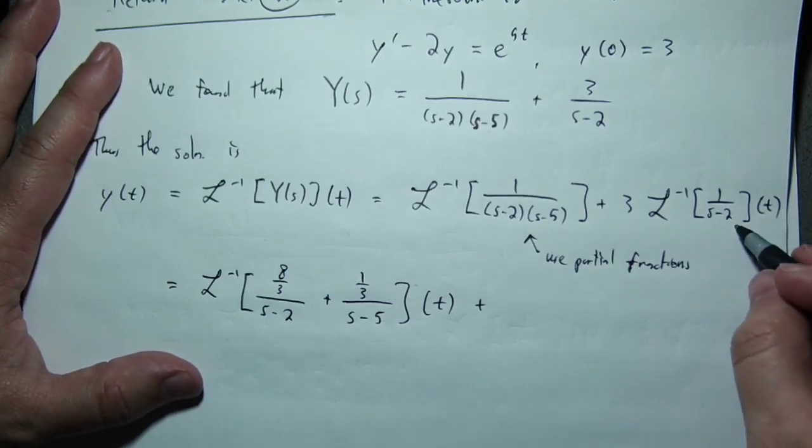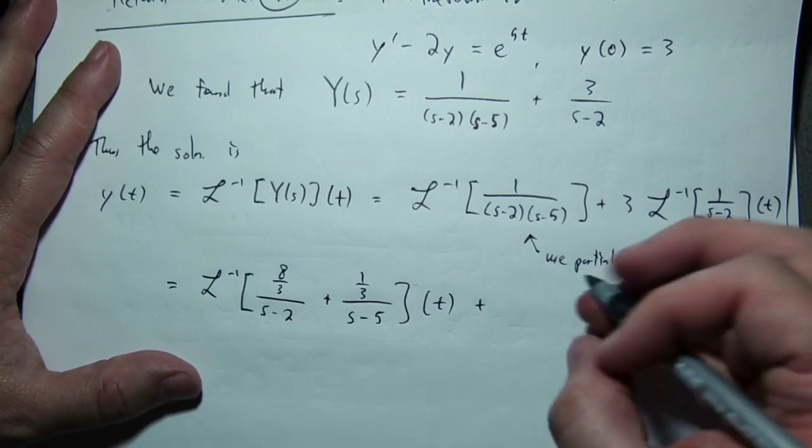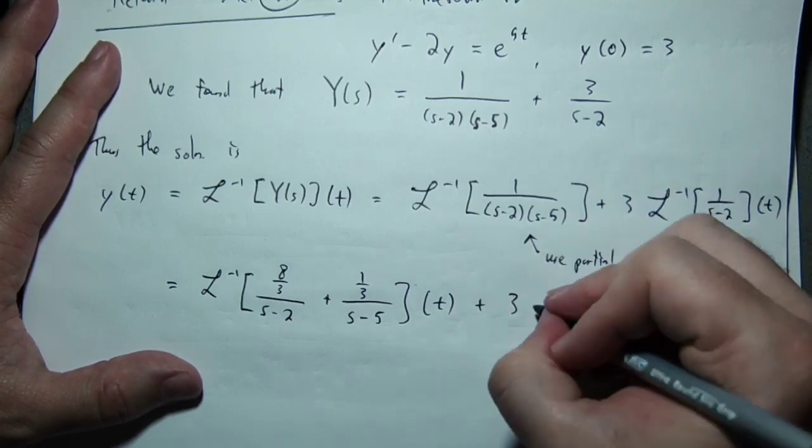I know what that is already. That's e to the 2t. So this is 3 e to the 2t.